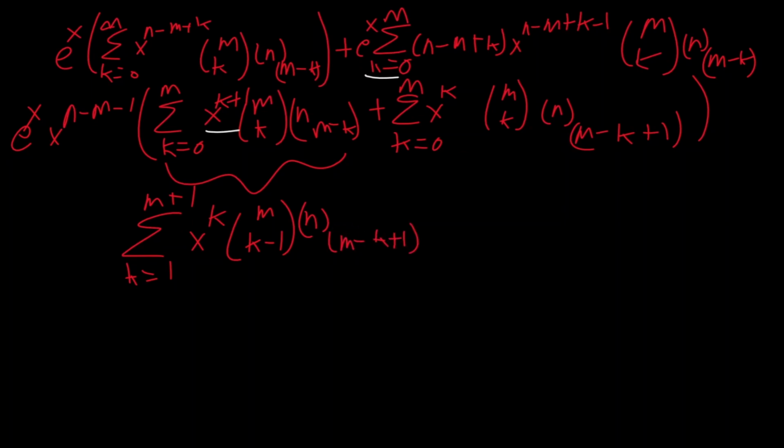And you'll see that we have something very similar here, but the thing that's keeping us from combining them is the fact that this is a sum from k equals 0 to m, and this is a sum from k equals 0 to m.